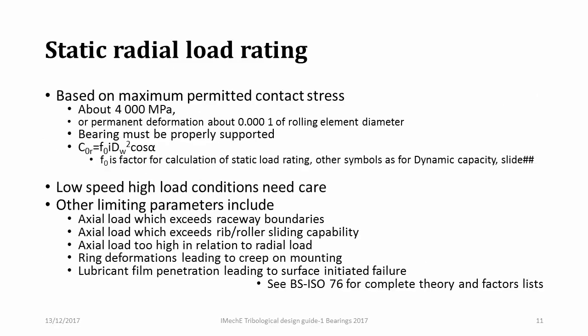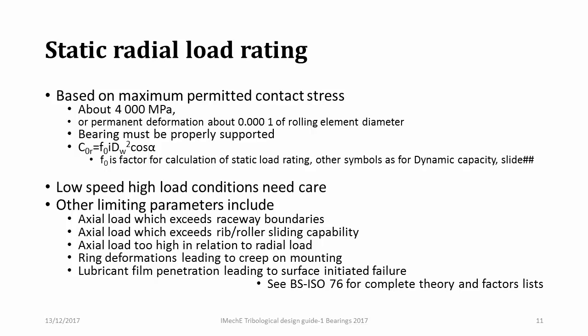We then have the static load rating. When the bearing is not rotating, different criteria apply. The basic static load rating is based on a maximum permitted contact stress of about 4,000 megapascals, which is equivalent to a permanent deformation of the rolling element diameter of about 1/10,000th of the diameter. Even to achieve that, the bearing must be properly supported.